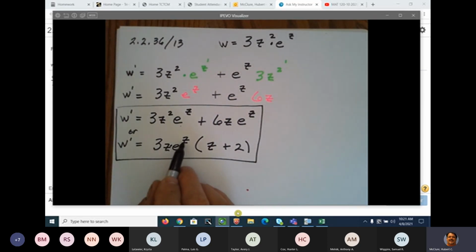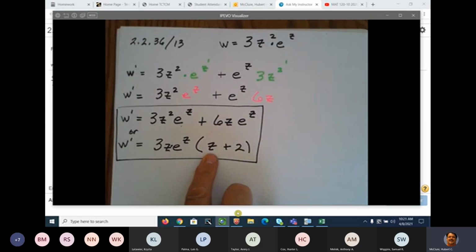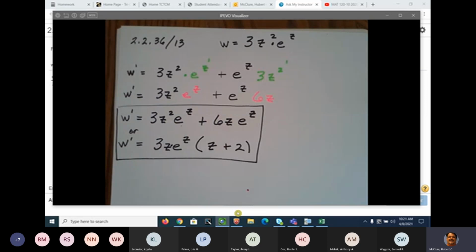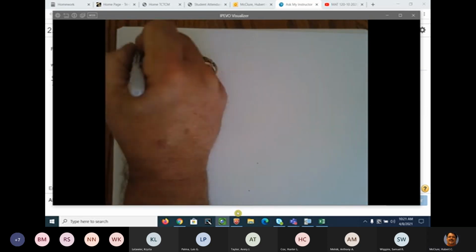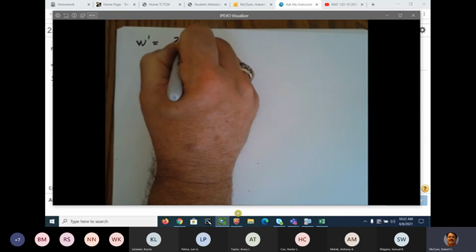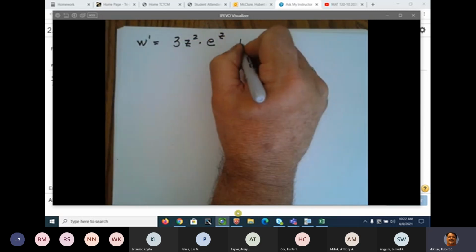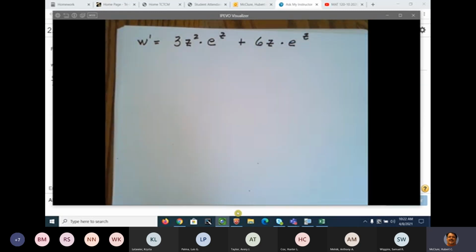All right, 3z e to the z times z plus 2. So I'm going to do this one. You can do that one if you want to, but I'm going to do this one. So we're going to take this one over to the next page. So W prime is equal to 3z squared times e to the z plus 6z times e to the z. And I'm going to go ahead and get started.